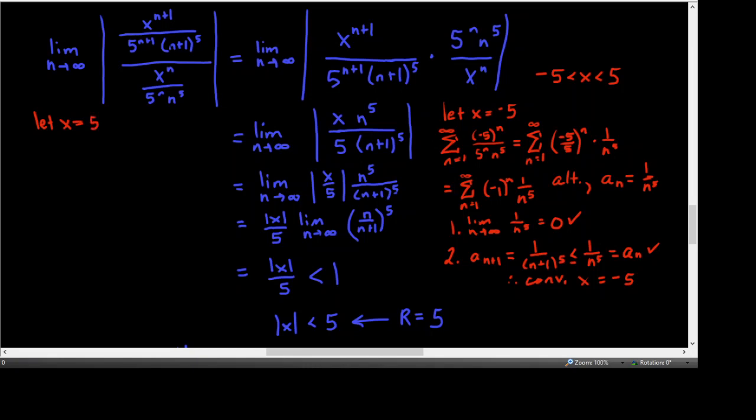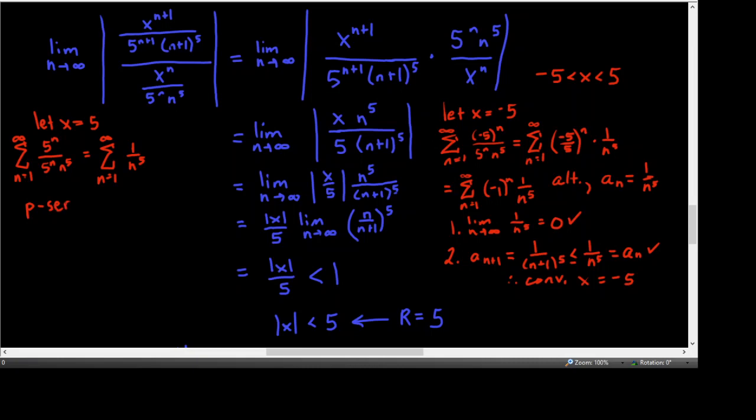Okay, so the series when x is +5 will be 5 to the nth over 5 to the nth times n to the 5th, which simplifies to be 1 over n to the 5th, which is a p-series.